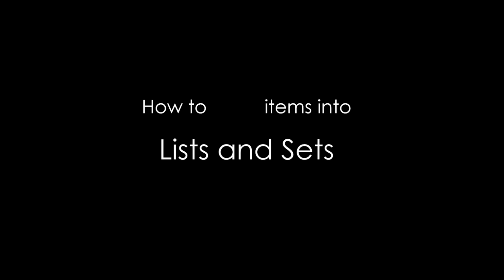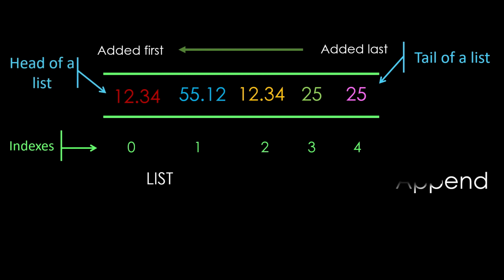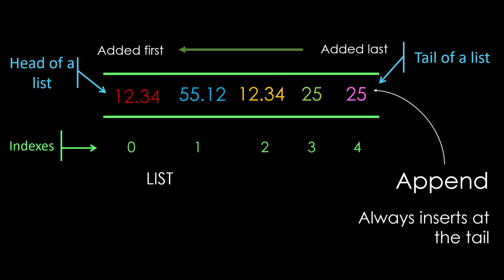Now let's understand a bit about inserting items in lists and sets. Both the data types also allow inserting new items. For list data type, the operation is called append to emphasize the fact that this operation internally inserts at the end of the list.